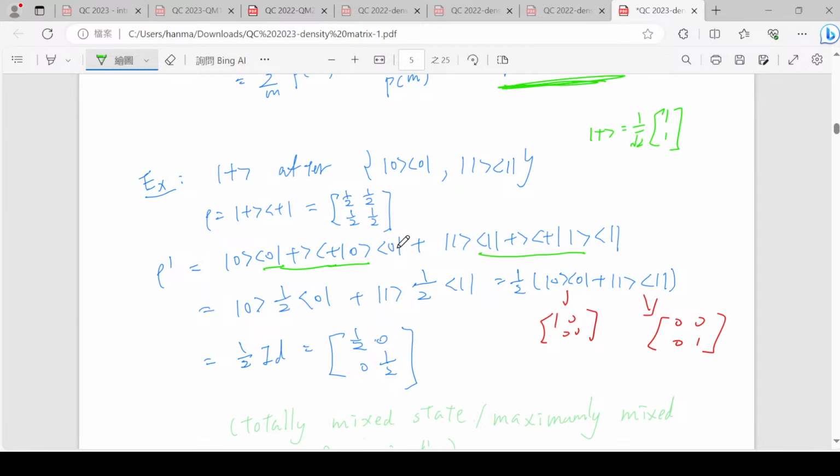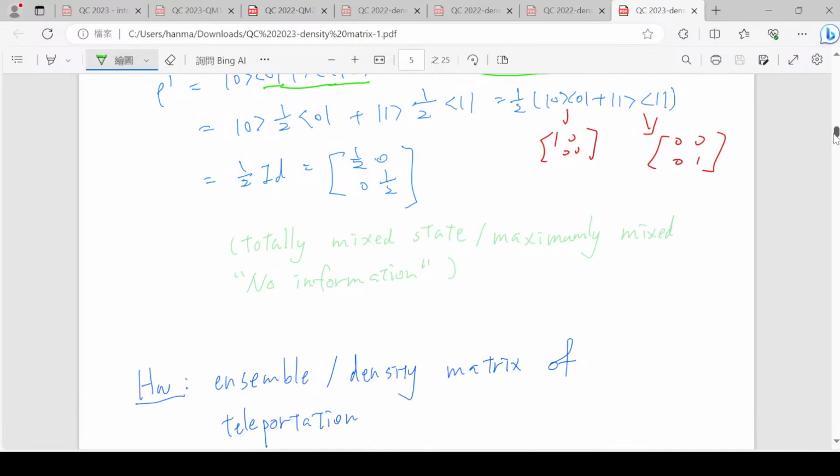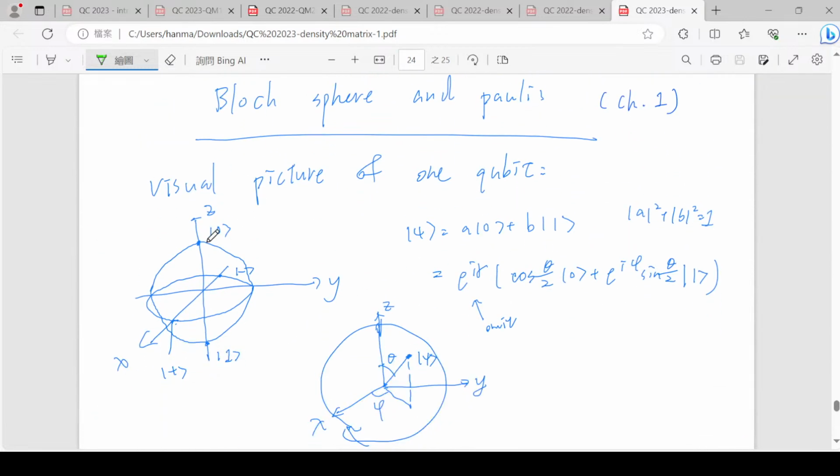Oh, actually it's the end of the slide. But okay, so maybe let's just go spoiler here. Okay, so the totally mixed state we say is 1/2 of 0 plus 1/2 of 1. So you can think, once again, remember we have this Bloch sphere on a qubit, and the totally mixed state is 0 plus 1, 1/2, 1/2.